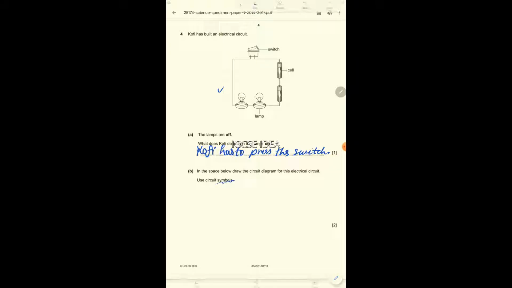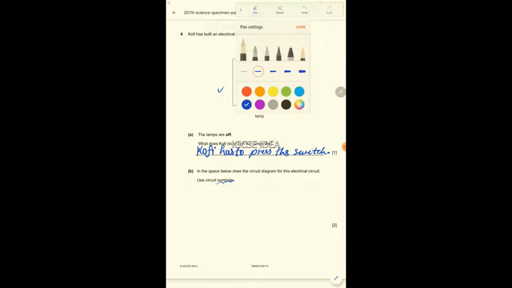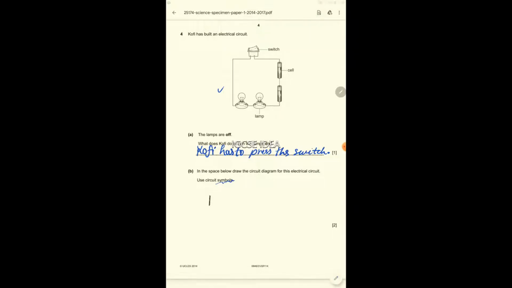Okay, so let's draw the circuit diagram. Yeah, so this is the diagram.